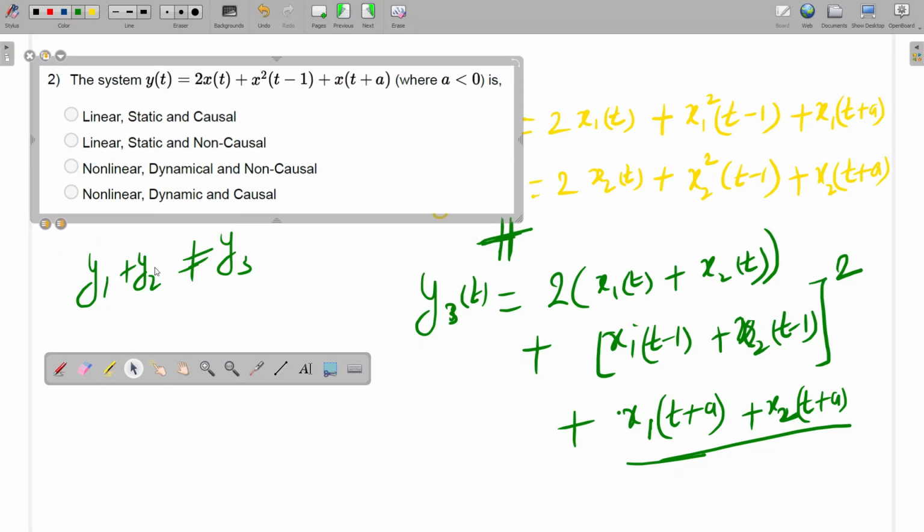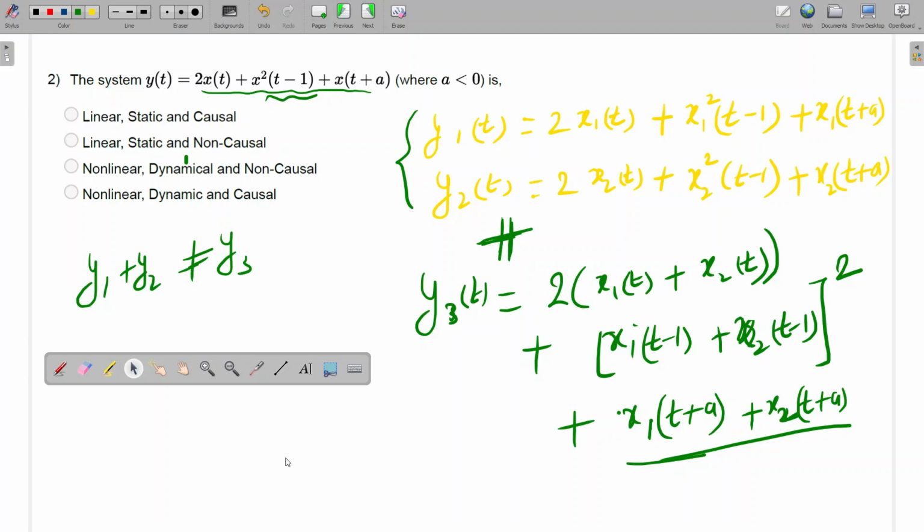Now we have to see whether this is dynamic or static. If the output depends on a past value, if we see y0, y0 means 2 into x0 plus x square minus 1.